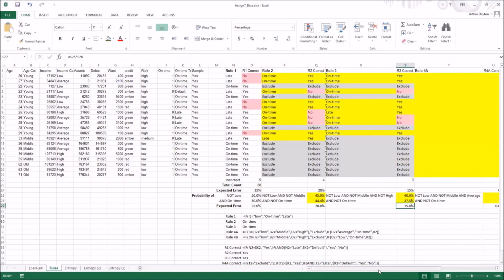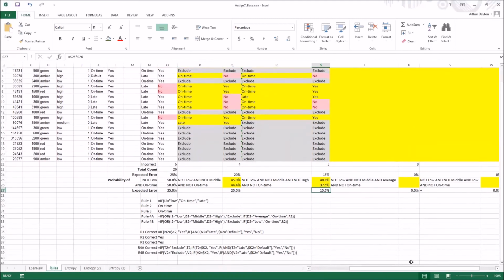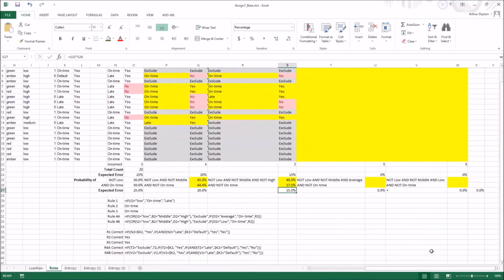So now what we could do at this point is use the remaining values of income to see if we can get any additional lift from them, or if we can reduce our error.